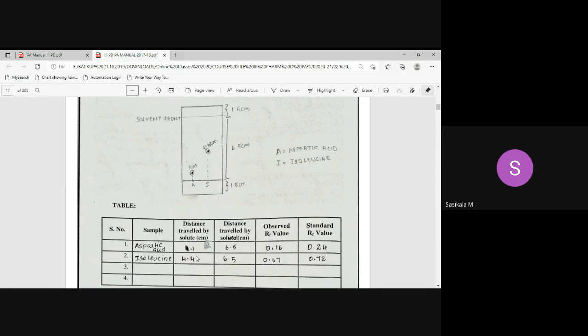Okay. One of you write this reading and others just change the reading. Keep this solvent distance common. Keep the solvent distance 6.5 centimeter. Whereas write only solute readings that are closest to the standard RF value readings, and do the calculation and submit.